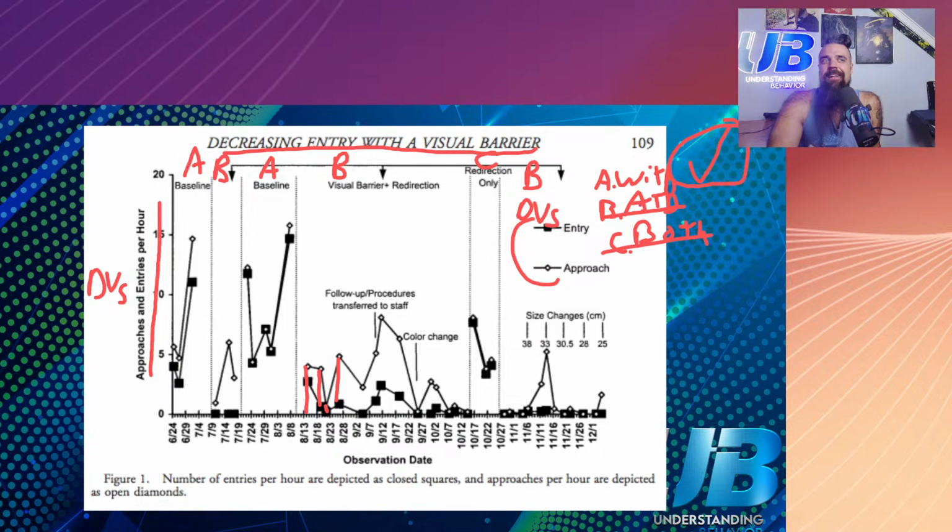There are different interventions, but they are visual barrier plus redirection, and redirection only. Entries and approaches are 2 of our dependent variables. That's why it's really important to get those basics down, IVs versus DVs, so we can see them in our charts more cleanly. So this one is a withdrawal design only.